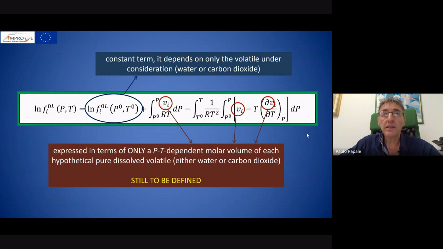All of this lesson was then dedicated to derive an expression for the reference fugacity of such a hypothetical pure volatile component dissolved in the liquid, as a function of only its molar volume. To use that expression, we still need to define an equation of state for such a hypothetical pure volatile dissolved in the liquid.